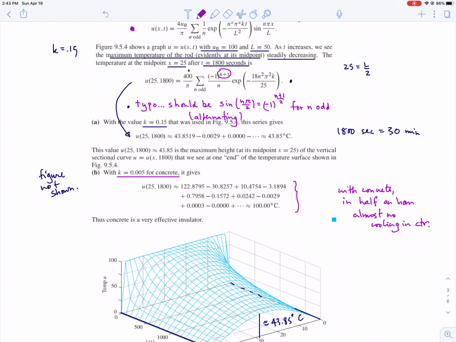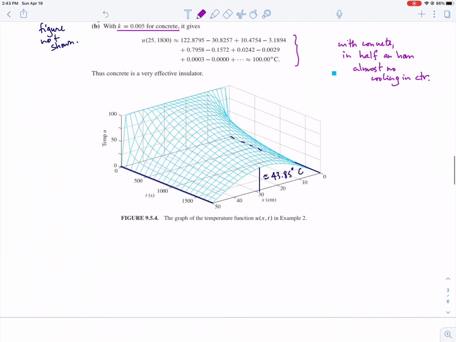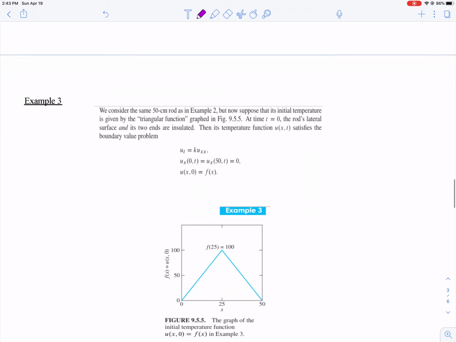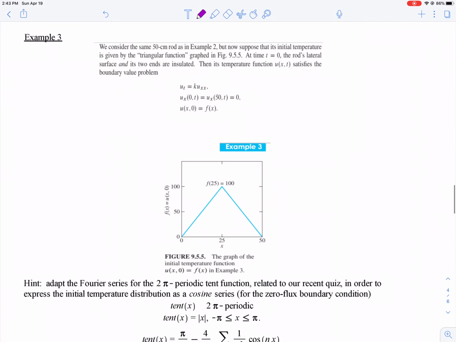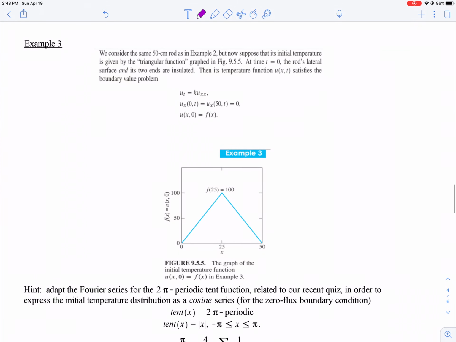that's example 1. Now let's go to the second example we're going to do, which is the text's example 3. It's still a 50-meter rod, but now we're going to have a different initial temperature configuration. It looks suspiciously like the tent function, rescaled.